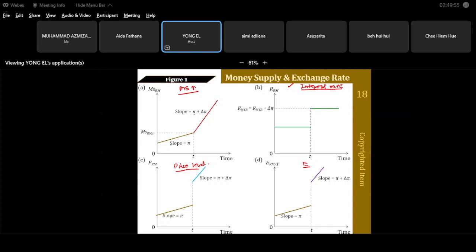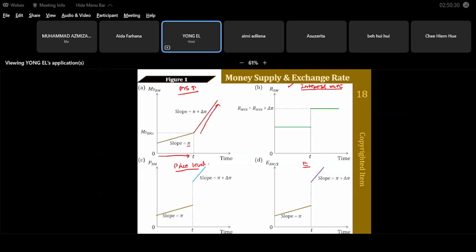Money supply increases initially, let's say from time zero to t. This is the normal supply rate in a country where the inflation rate is about this level, which is pi. If the central bank wants to boost the money supply in the country, the supply curve of these countries will become steeper.